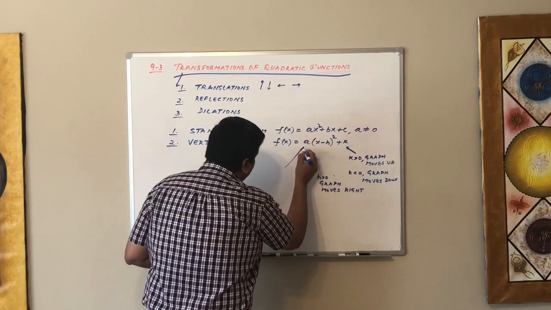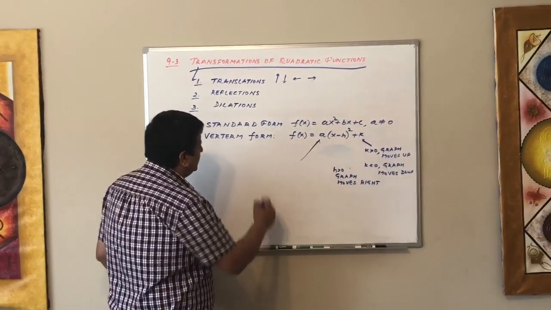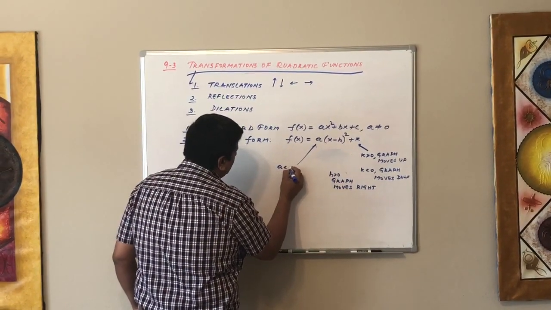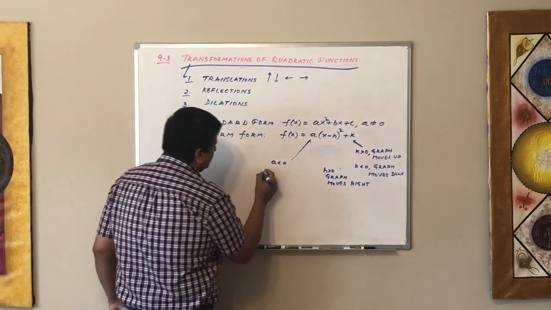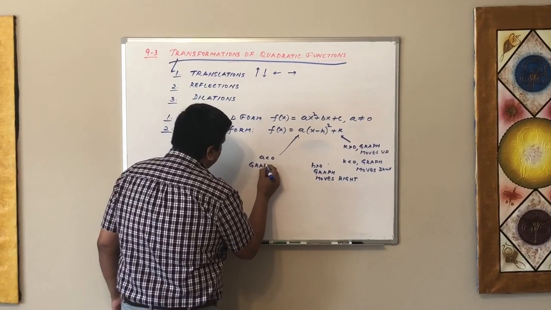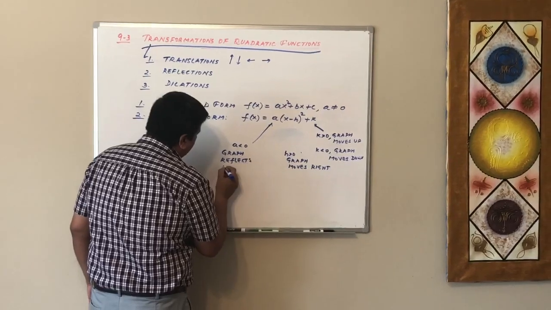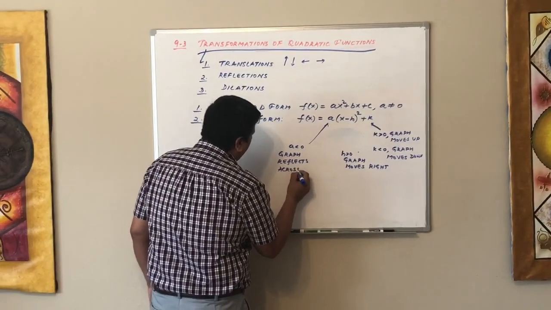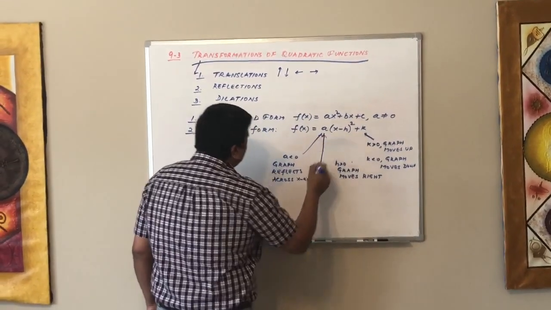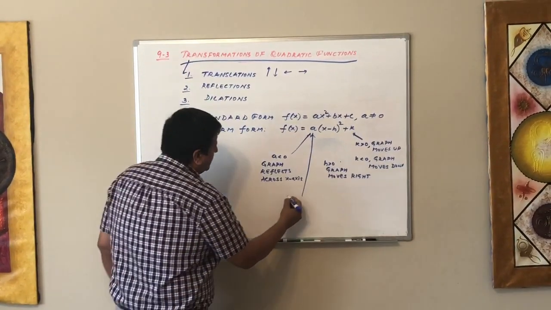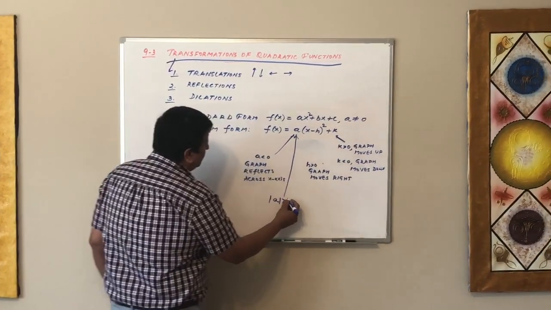And this value of a also gives us two kinds of transformations. One is if a is a negative quantity, then the graph is going to reflect across the x-axis. And also, if the absolute value of a is greater than 1, then the graph becomes narrower.